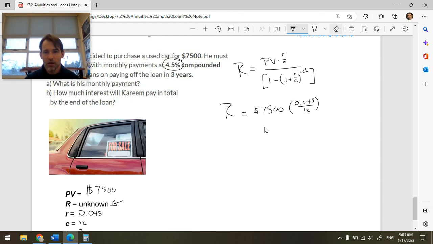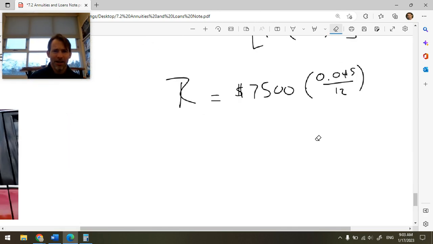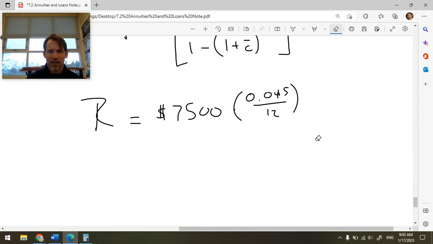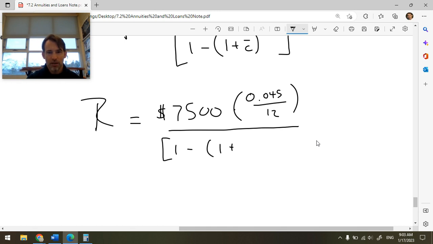Let's zoom in so I can write bigger. 0.045 over 12, all over 1 minus the bracket 1 plus 0.045 over 12 to the negative CT. And C is 12, and T was 3, so that's going to be negative 36.